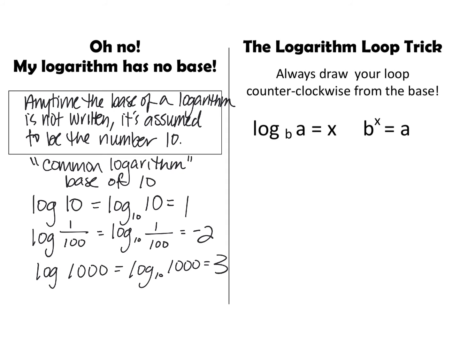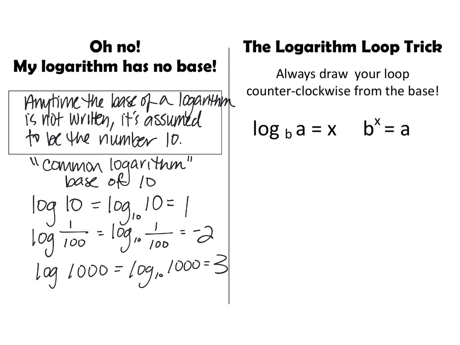Now we can convert easily from logarithms to exponential functions or exponential form using the logarithm loop trick. Now this says always draw your loop counterclockwise from the base, but that can sometimes be a little tricky.